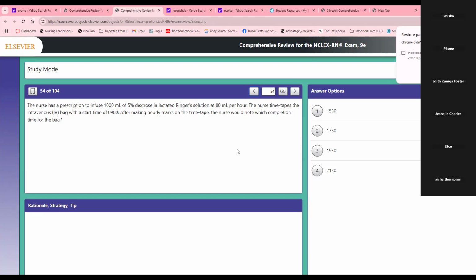When I divide 1,000 over 80, I got 12.5. Okay, so what is that 12.5 representative of? That's the time frame, like 12.5 hours. Okay, it's going to be running for 12.5 hours. You know it started at 9 a.m. So what is 9 a.m. plus 12.5 hours?